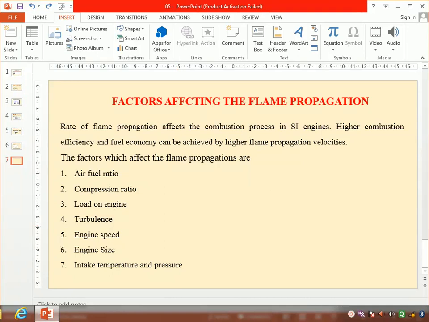Now at point B, the flame is to be formed, and what is the flame? It must be self-sustained and propagate in the combustion chamber. So when the flame will be self-sustained, correct? Whatever flame is developed at point B, it must be self-sustained and propagate easily in the combustion chamber.